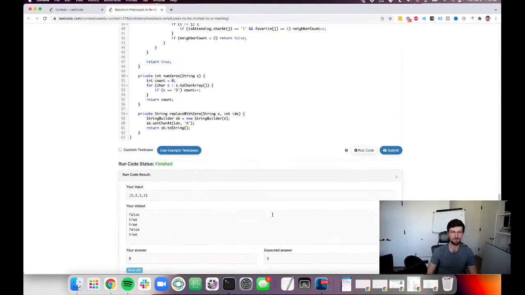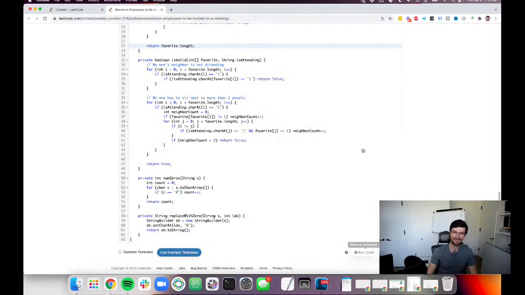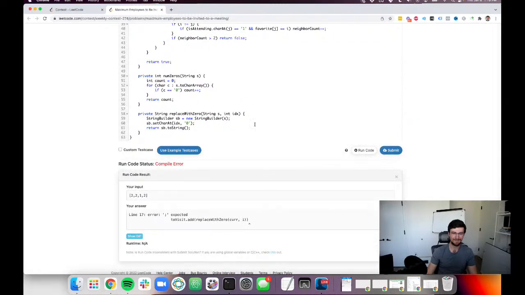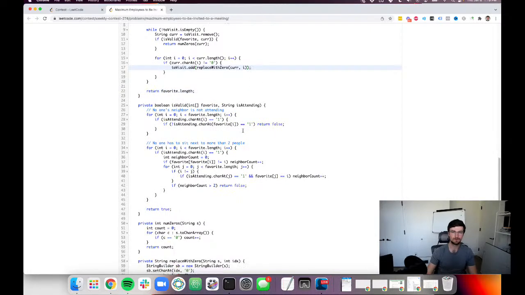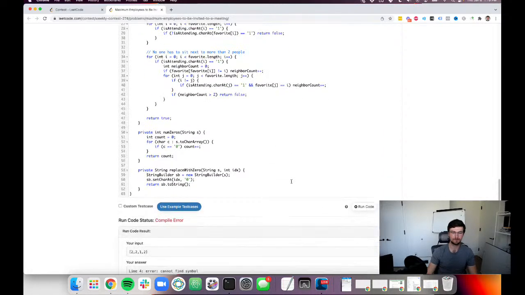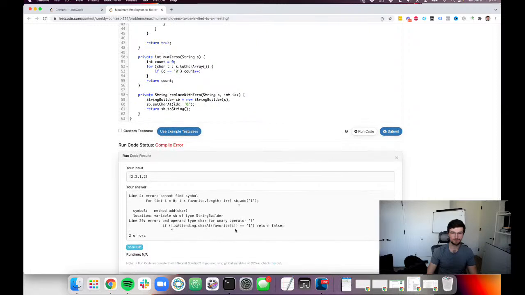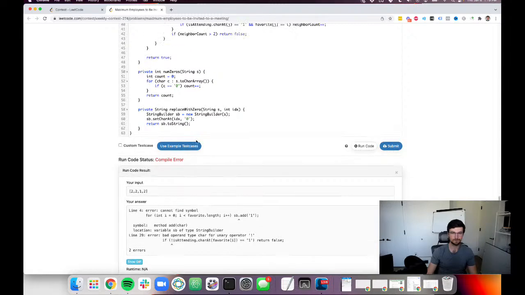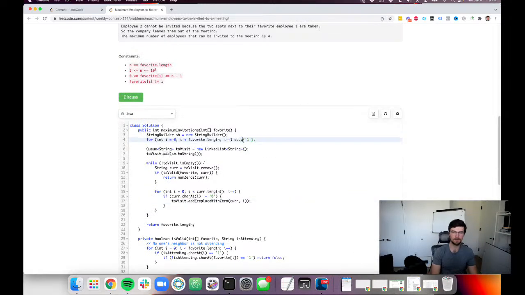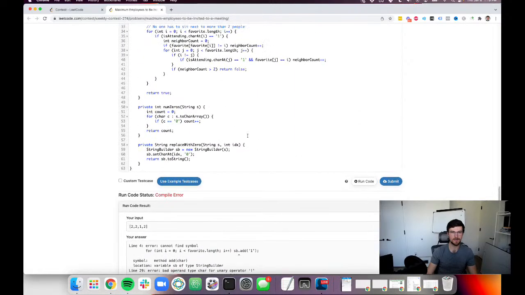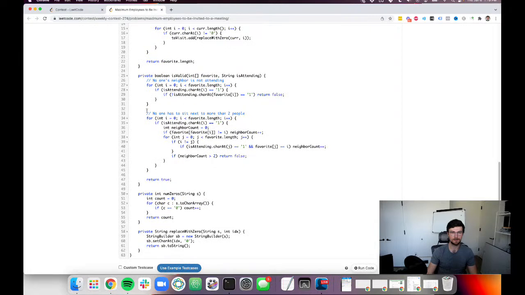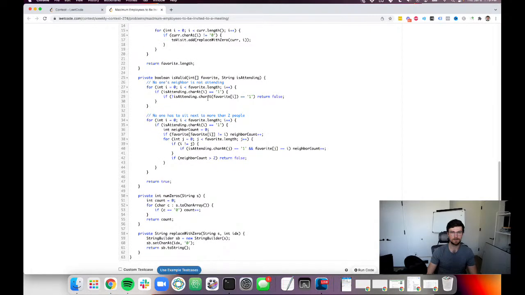So let's see how many bugs there are in my code. Line 29. Oh, I see.